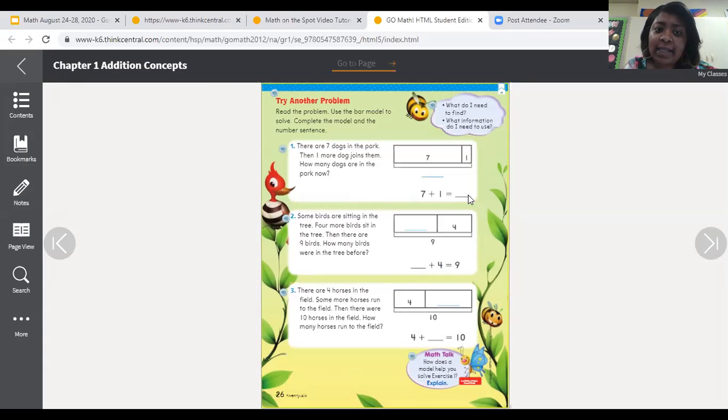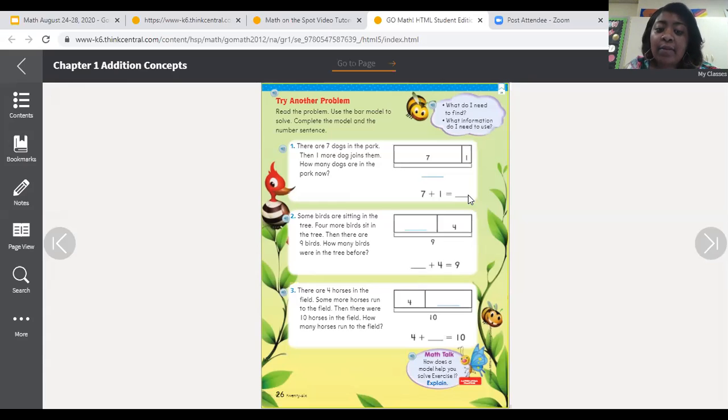So let's think about this. First, we need to figure out what we need to find. So let's read that again. Some birds are sitting in the tree. I don't know how many, but I do know that there were some sitting in the tree. 4 more birds sit in the tree. So I know there were some, and then 4 more joined.